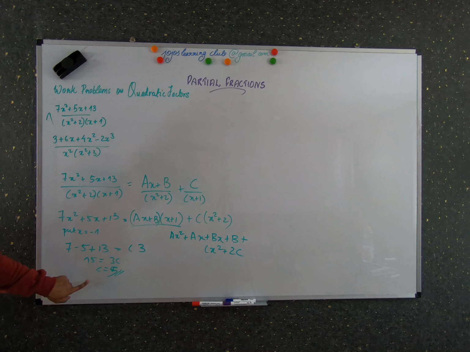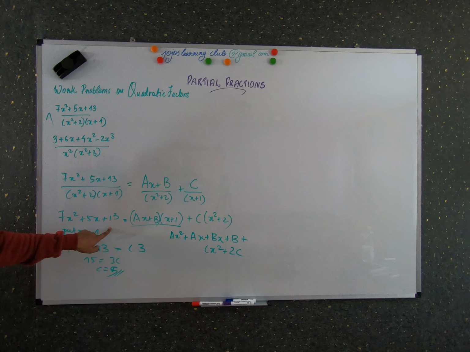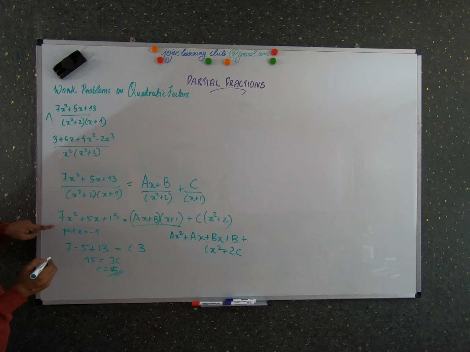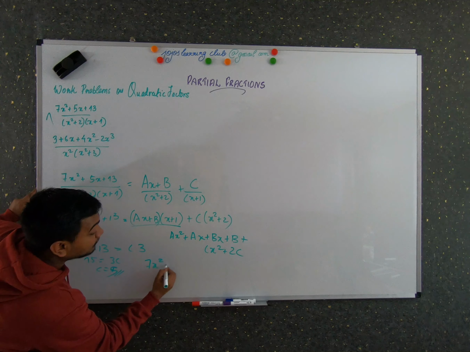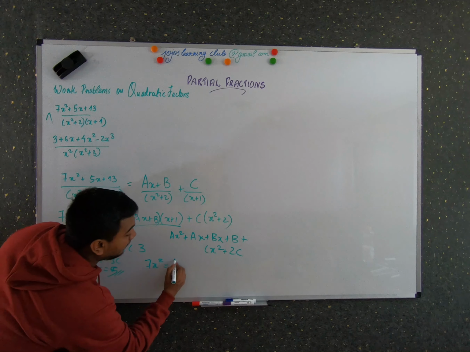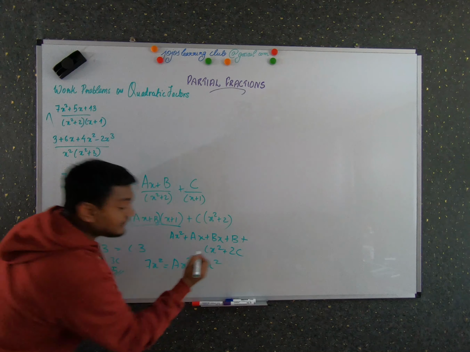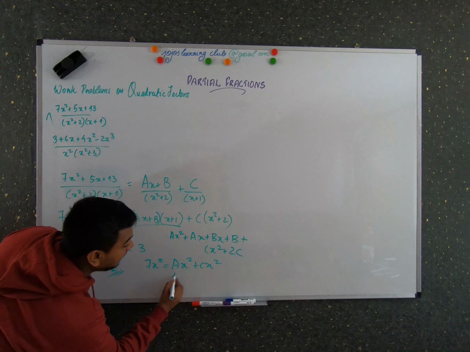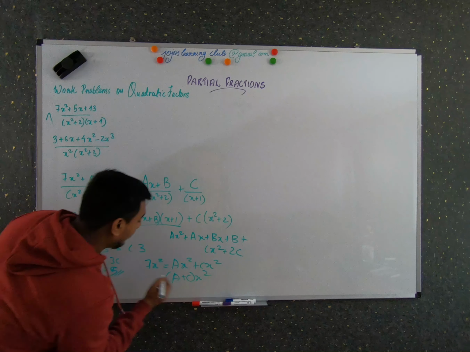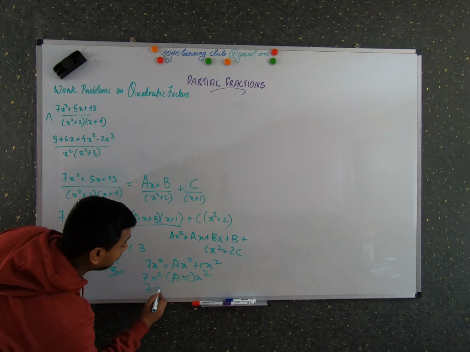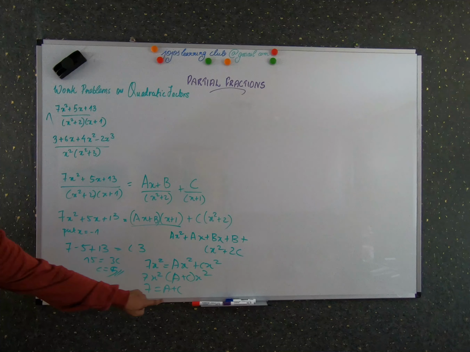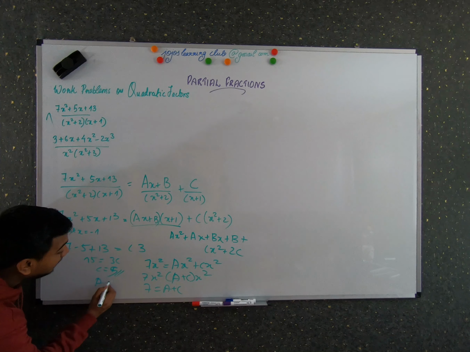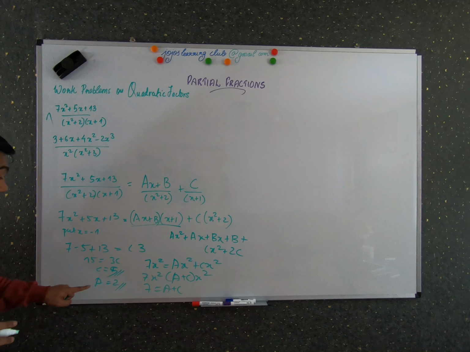The value of c you already know, right? So now equate the x square coefficients: 7x square here, which can be equated to ax square plus cx square. So 7 is equal to a plus c. c is already known, it is 5. So what would be the value of a? a's value would be 2. I hope it's very much clear.